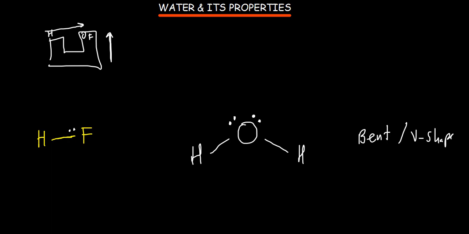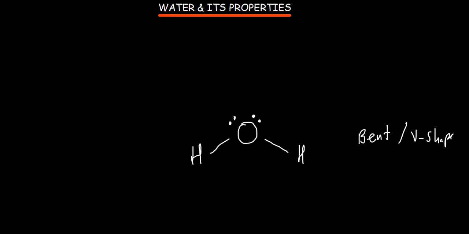So you can see that oxygen is much nearer to fluorine, meaning that oxygen is more electronegative. So the bond between hydrogen and oxygen in water is going to be in such a way that electrons are pulled more towards oxygen. So this is how you write it. You are going to write an arrow towards the most electronegative atom, and then you are going to put a line like this. We call this a dipole moment.